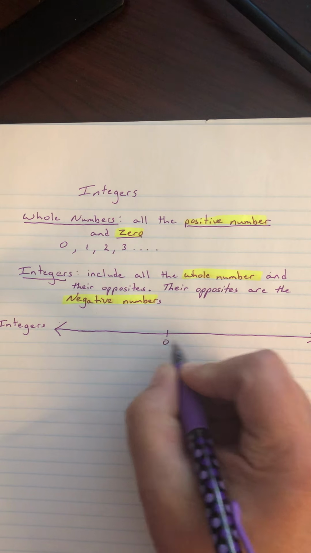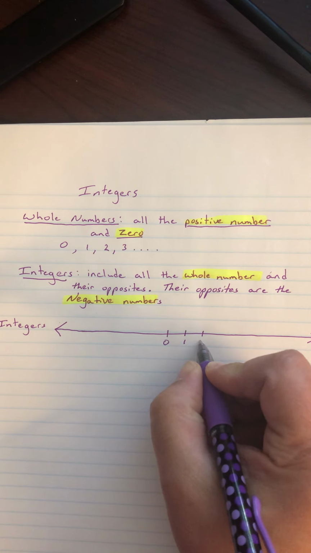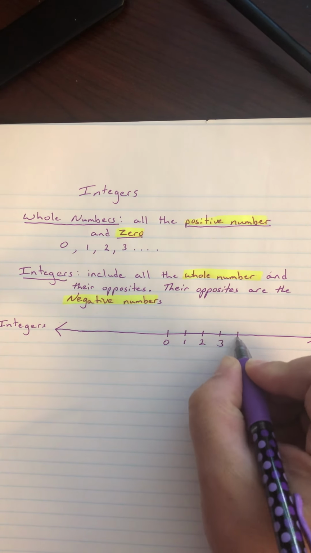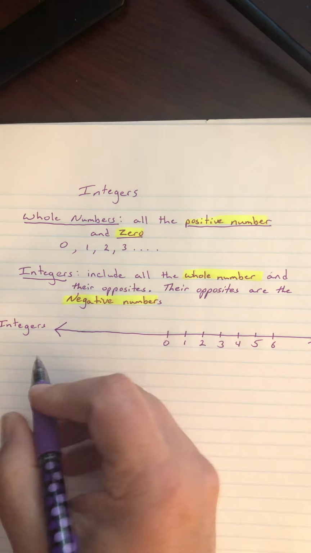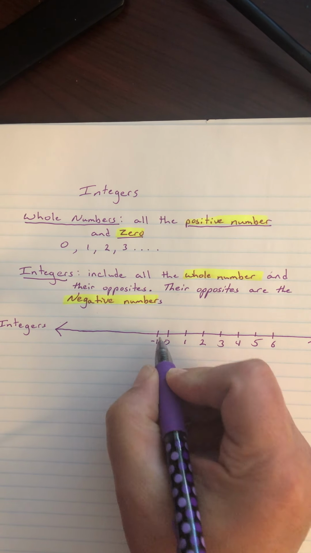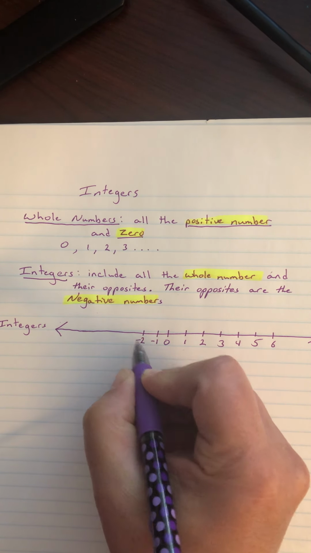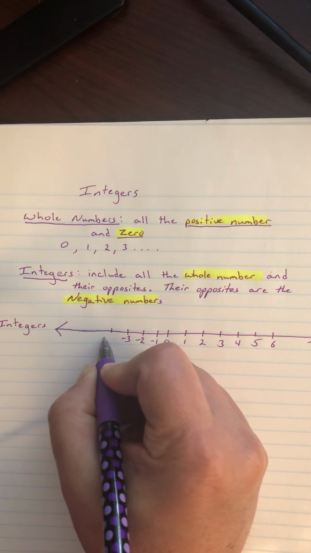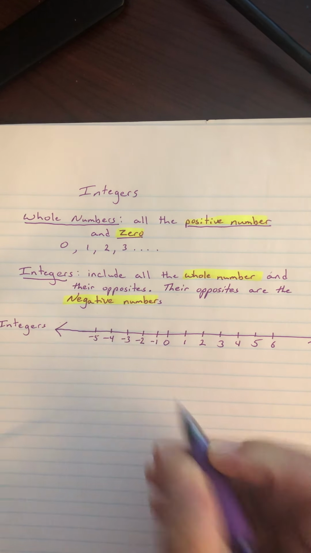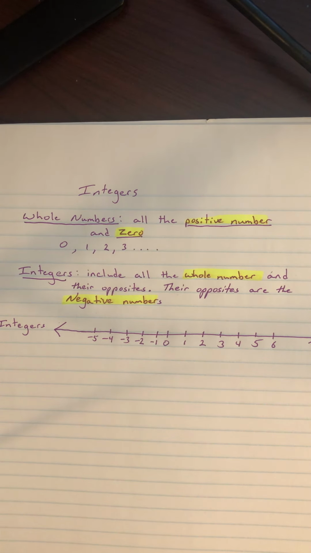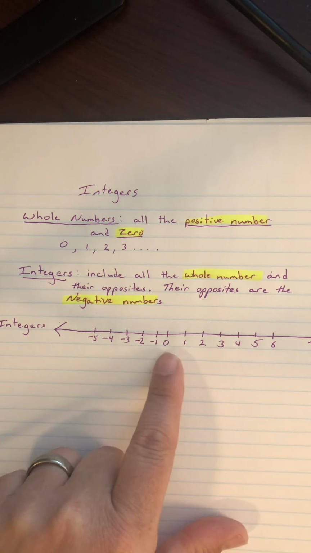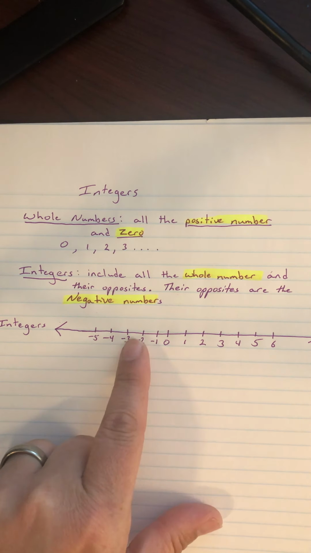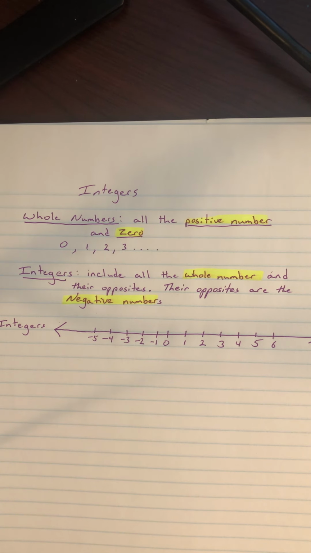So if I have 0 in the middle, we have always known that to the right are the positive values and so on. To the left are the negative numbers and so on. And they go on forever in either direction, obviously. So this is what integers are. Integers are now all of these values: 0, all the positives, and all the negatives. Okay, it's all incorporated into one long strand of numbers now.